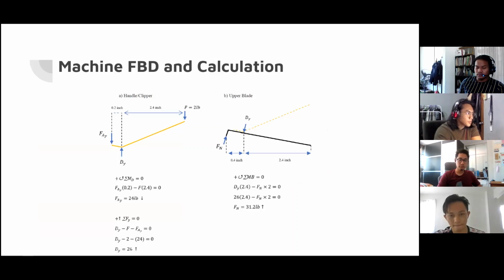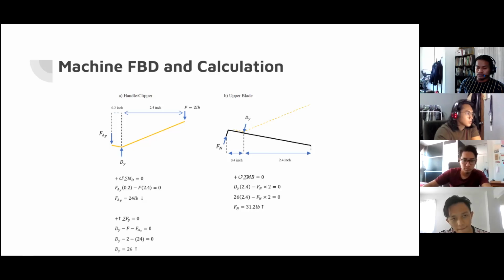So we separate the parts of the machine. Firstly, the handle or the clipper in yellow color. So we can see that we assume that FAY is downwards, DY upwards, and the force is 2 pounds, just as we assume. So using the moment at D, we can count what is FAY.